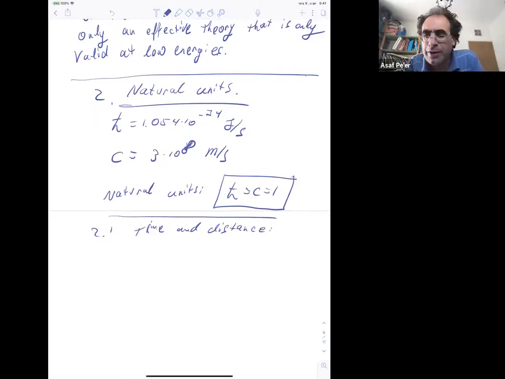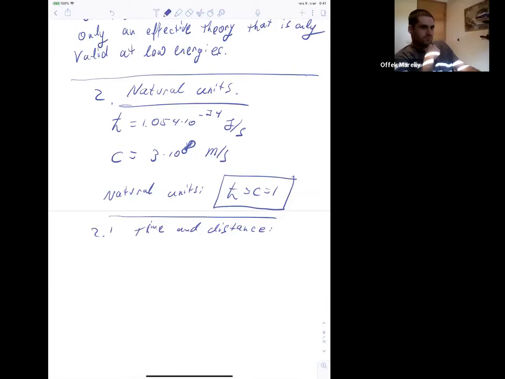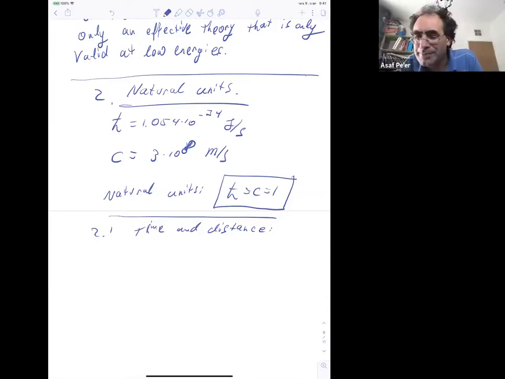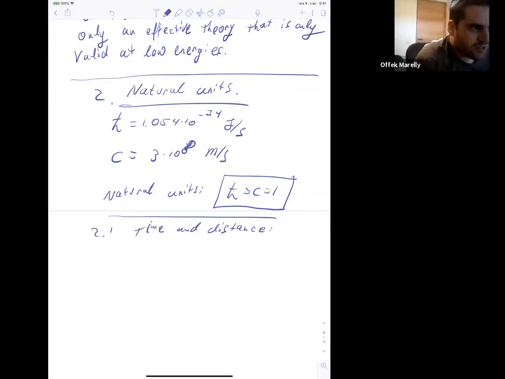Do you know what a typical distance is when we speak of particle physics? What's the length scale of an atom? Angstrom, 10 to the minus 10?